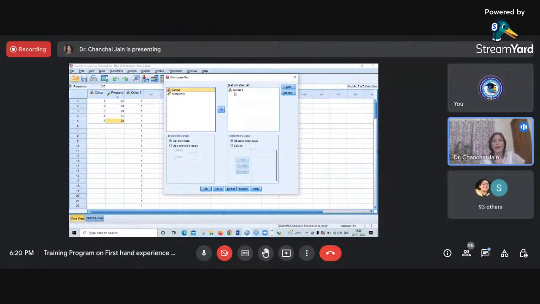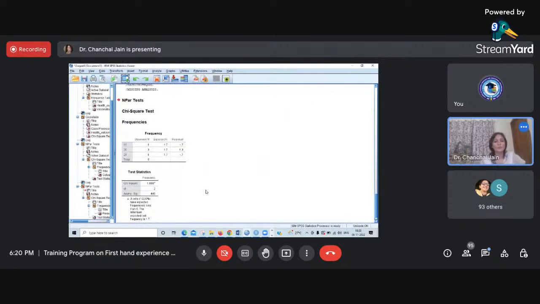Now I am shifting the color variable back to the left box, selecting the frequencies and shifting them to the test variable list. Now everything is all set here. You do not need to click anything except OK to generate the output. The output is generated. I hope those who are doing along with me are also getting the output.